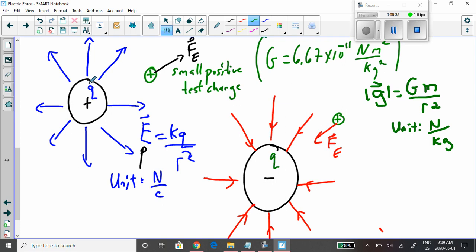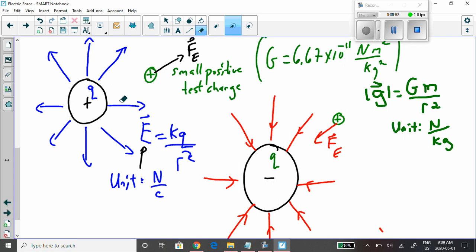Well, let's say it's a positive charge. Then we understand that just like outside an object with mass, there is a gravitational field. Outside of an object with a charge, in this case a positive charge, there is an electric field.